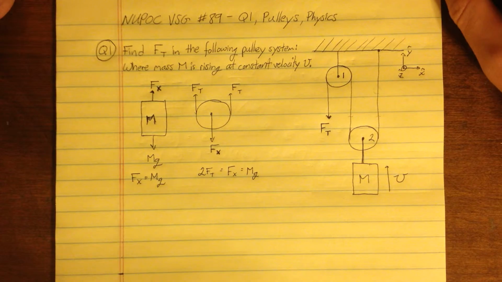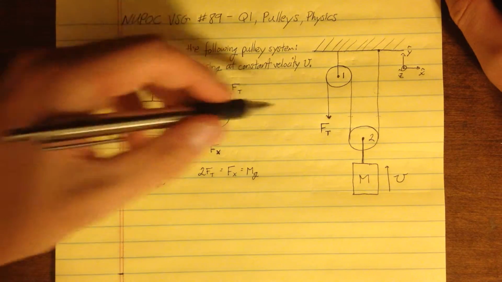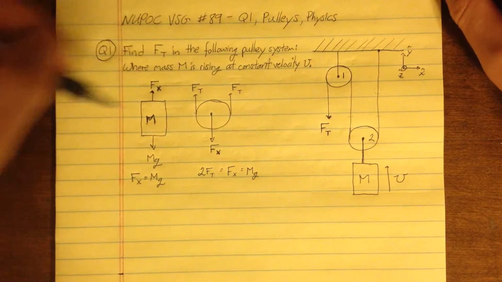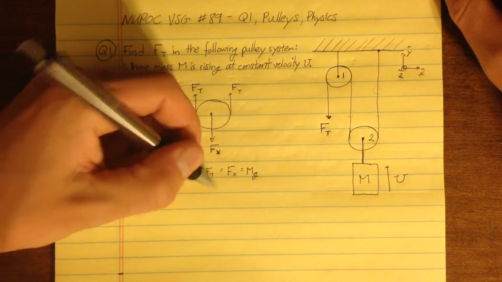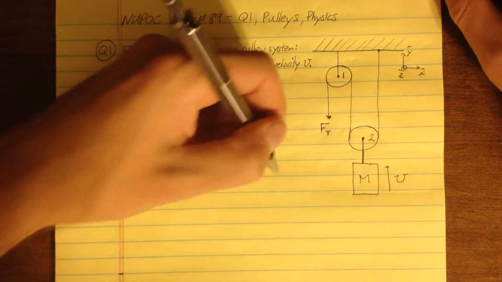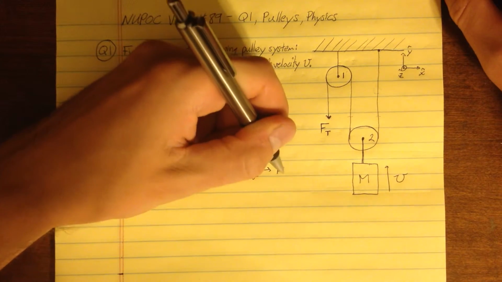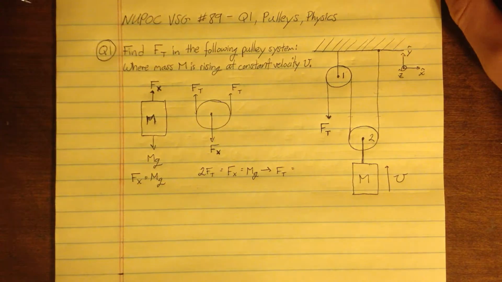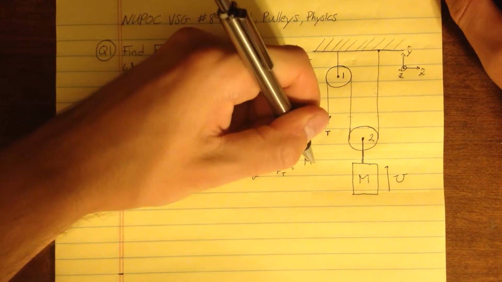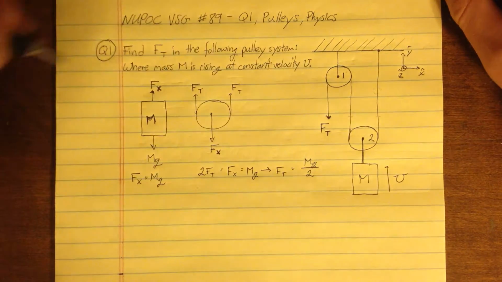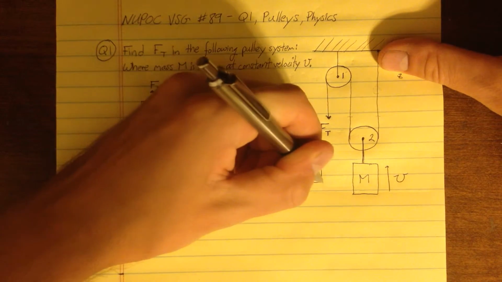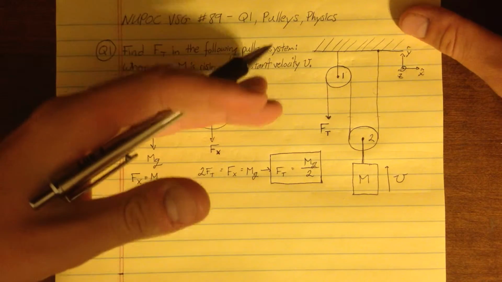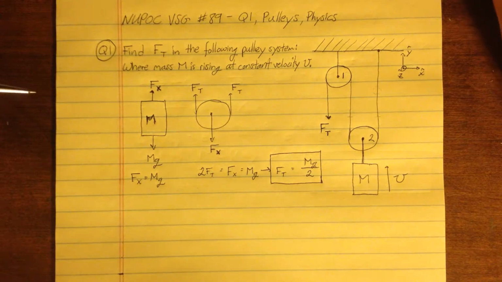Now we can in fact just solve the problem right here without even considering pulley number 1, because we can now say that Ft equals mg over 2. So if we're looking for Ft in terms of that mass, the force required to raise that mass at a constant velocity, then we have it.